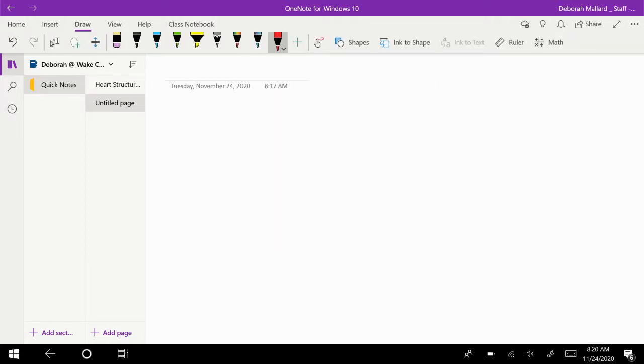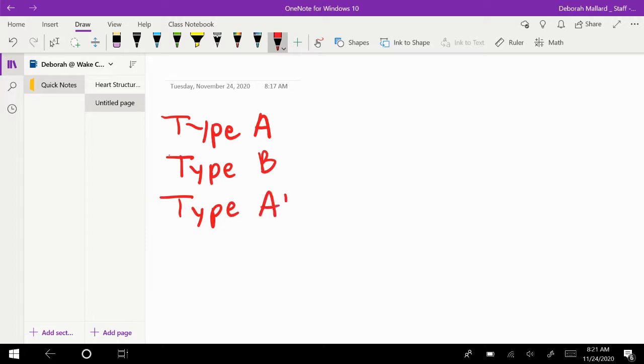Okay, there's 4 different blood types. We have folks who are type A. We have folks that have type B blood. We have folks that have what's called type AB, and we have some people who have type O blood. So those are the 4 different blood types. So if you don't know what your blood type is, you are one of those 4.